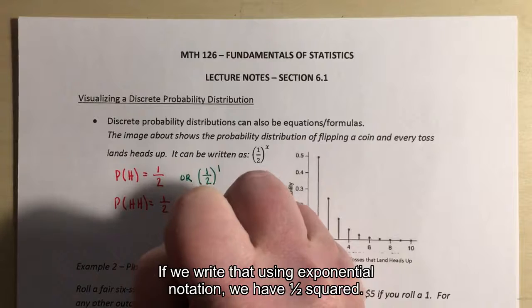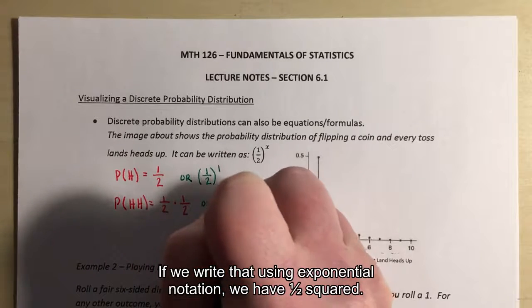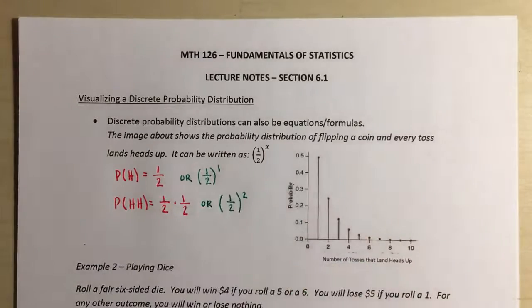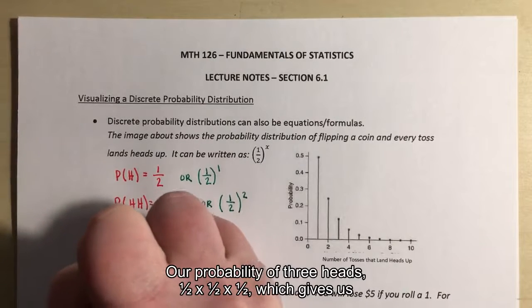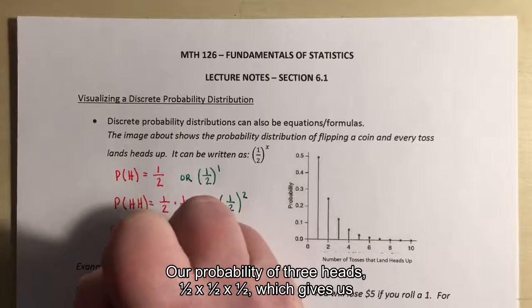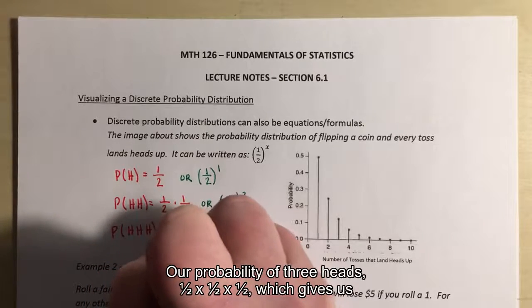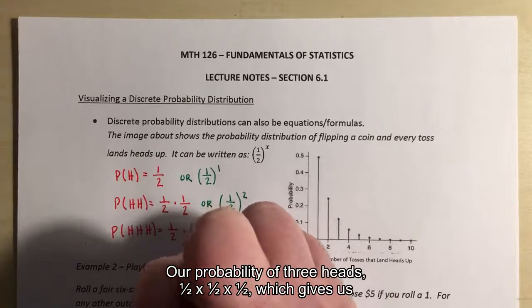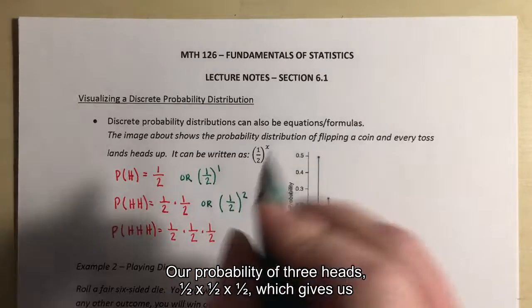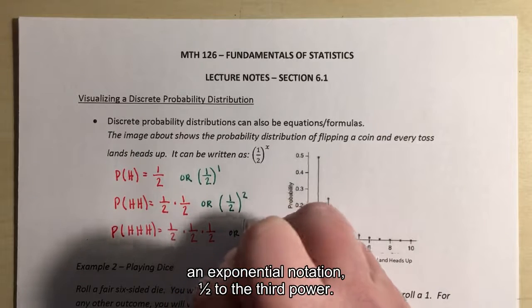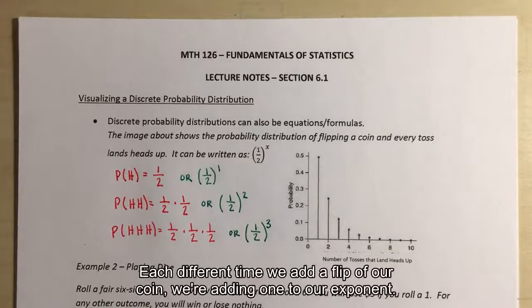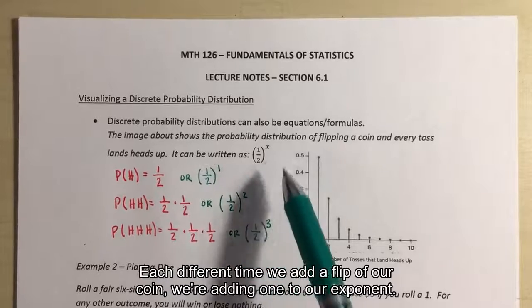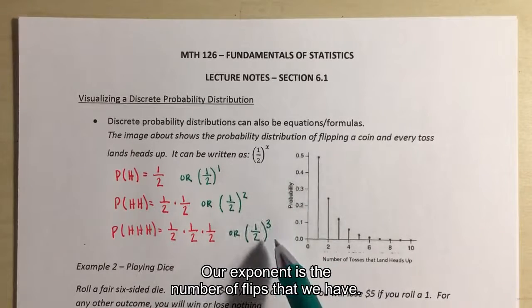If we write that using exponential notation, we have 1/2 squared. Our probability of 3 heads is 1/2 times 1/2 times 1/2, which gives us exponential notation 1/2 to the 3rd power. So each time we add a flip of our coin, we're adding 1 to our exponent. Our exponent is the number of flips that we have.